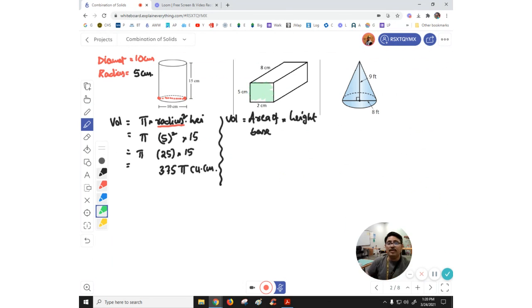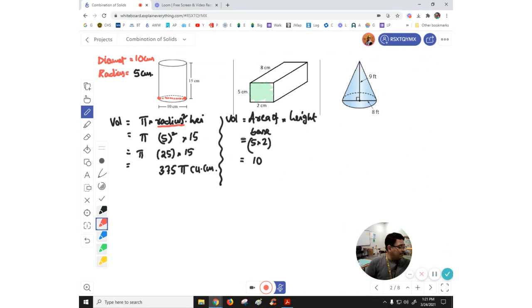Therefore, base here means I'm taking the rectangle which is shaded in green color. So this one is the area of a rectangle. Area is length times width, which is 5 times 2, that is 10 square units. And what is the height?